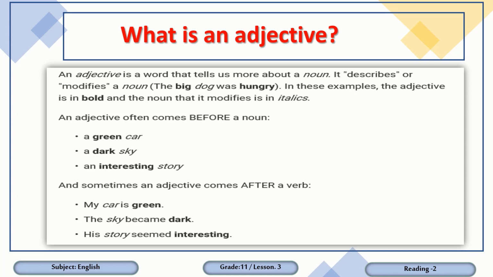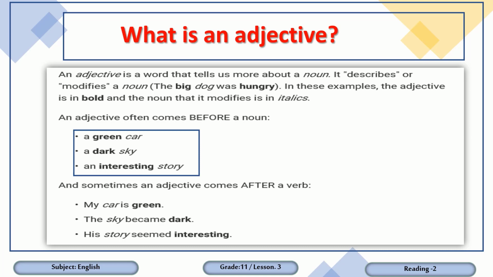It describes or modifies a noun. So, in other words, it adds to the noun. It gives more description. So, the big dog was hungry. So, here we have two adjectives in bold, big and hungry, and both of the adjectives modify the noun dog.